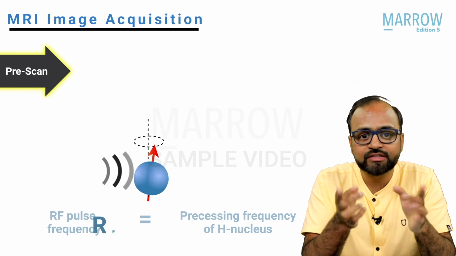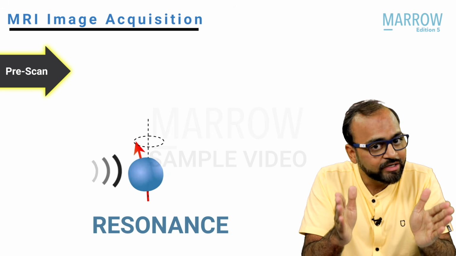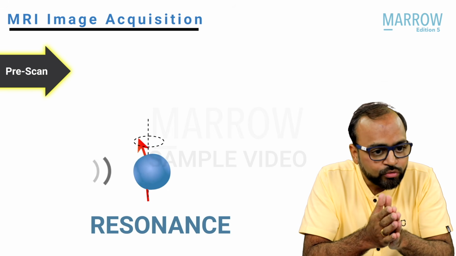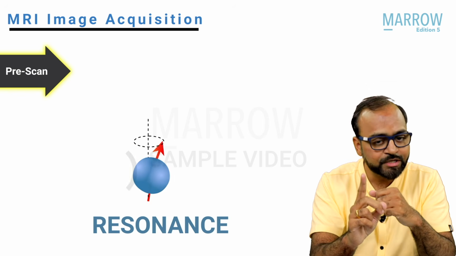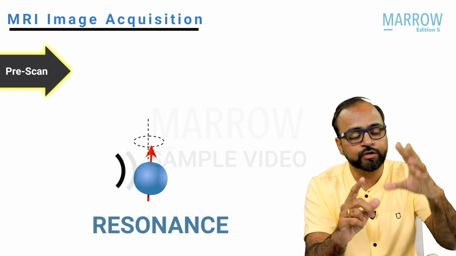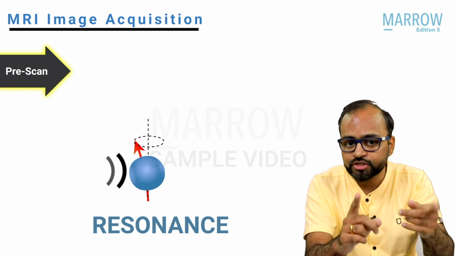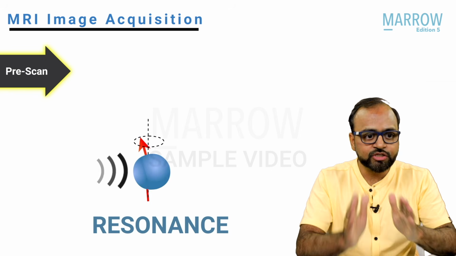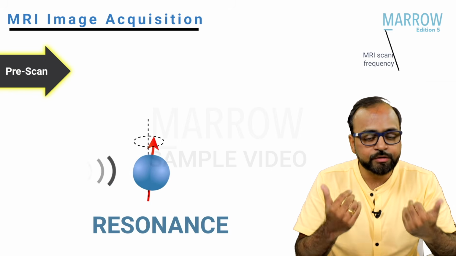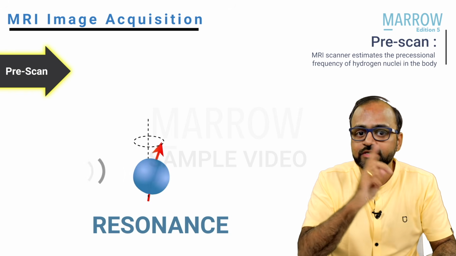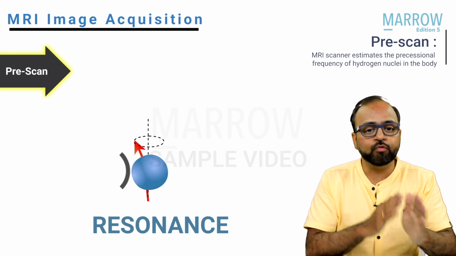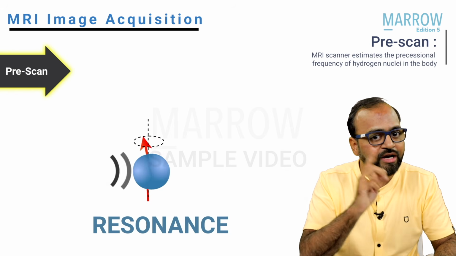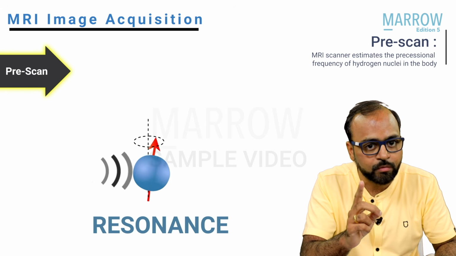In physics we have studied this, it is called resonance. So we want to know this particular precessing frequency, and the frequency of the radio frequency pulse emitted by the machine should exactly match it. This is what is done in pre-scan. The machine tries to judge in the body the precessing frequency of the various nuclei. Now the machine knows at what frequency the hydrogen nuclei are precessing or wobbling.